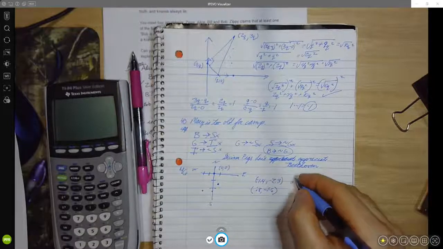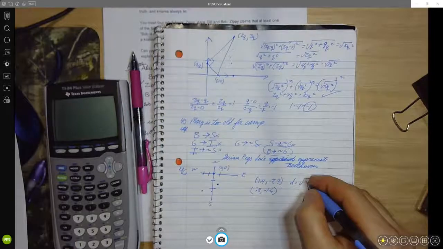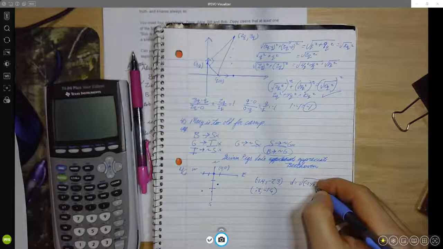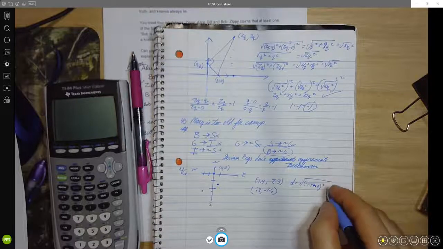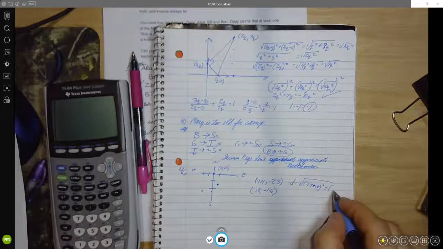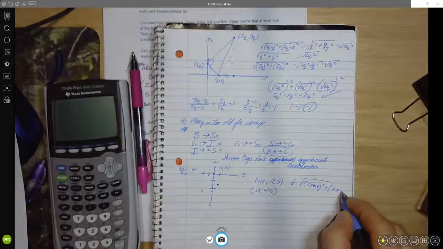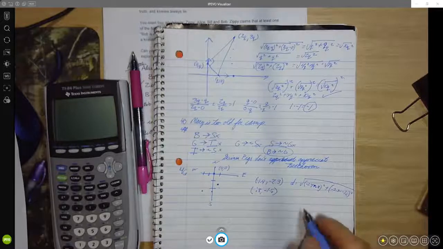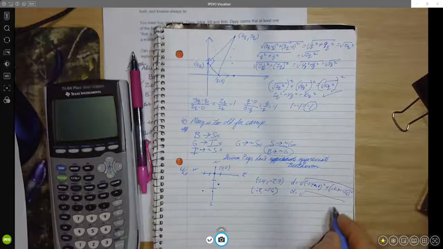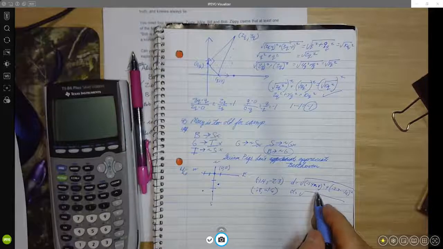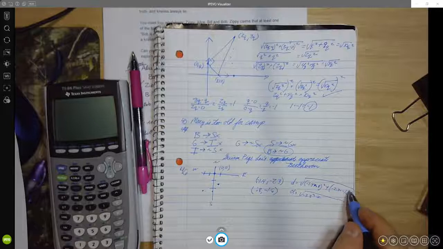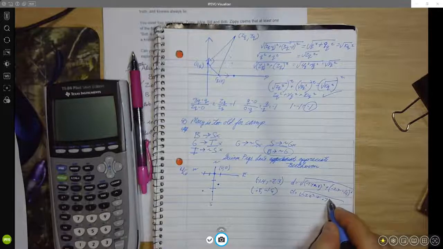Okay, so distance, negative 1.4 minus 0.8 squared plus negative 2.3 minus a negative 1.6 squared. All right, so negative 1.4 minus 0.8 is negative 2.2 squared. Negative 2.3 plus 1.6 is positive 0.7 squared.